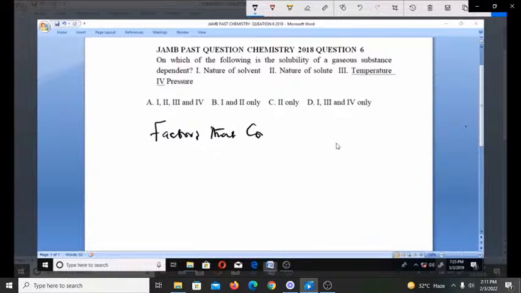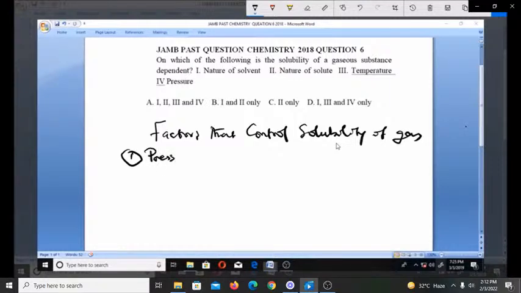When you check through your textbook, you're going to find out that some of these factors are, number one, very importantly for gases, pressure. Pressure is a very important determinant of the solubility of a gas. Then number two, you have temperature. Temperature determines both the solubility of gases and that of solids.